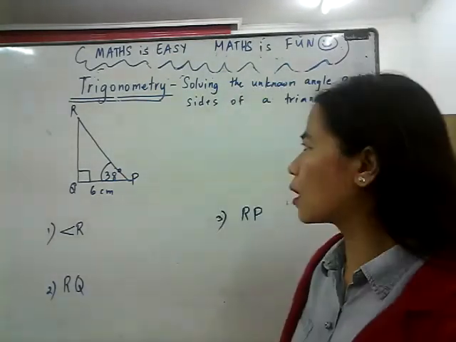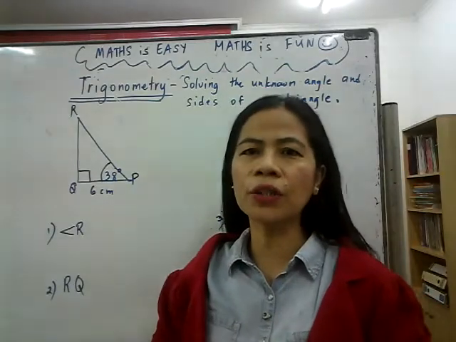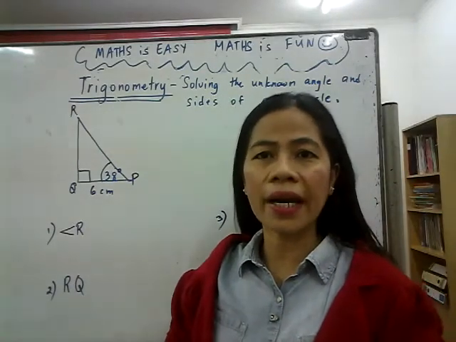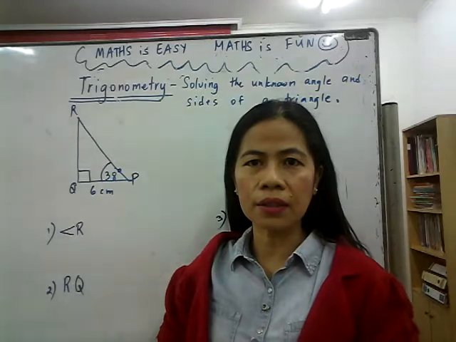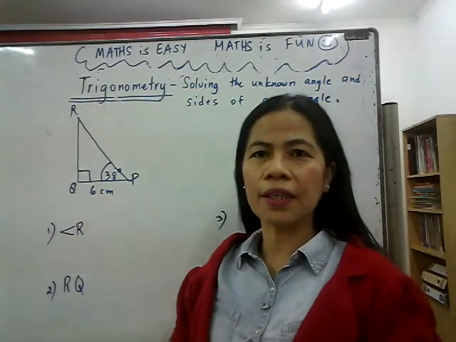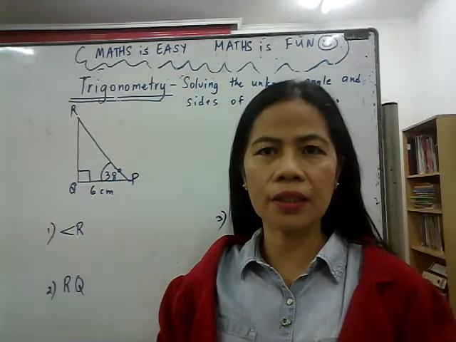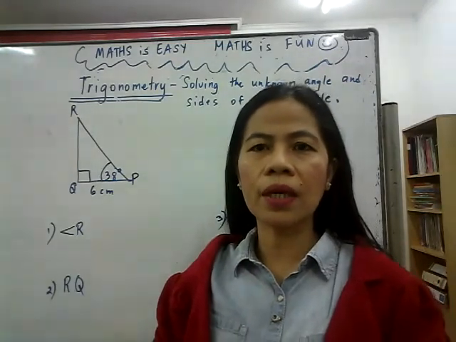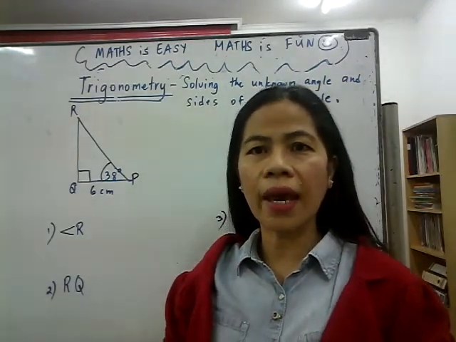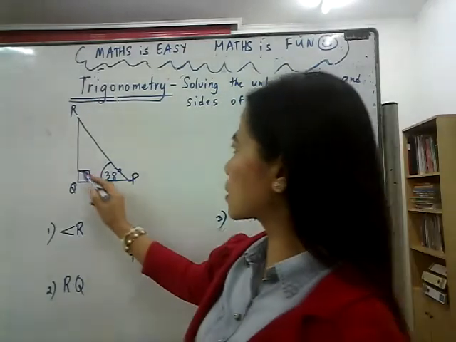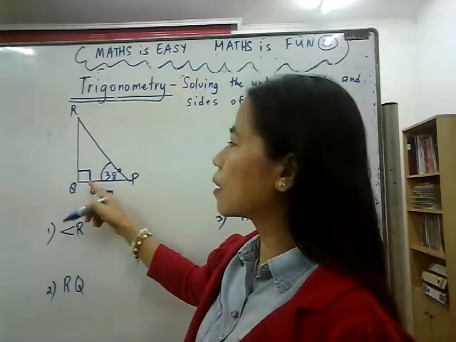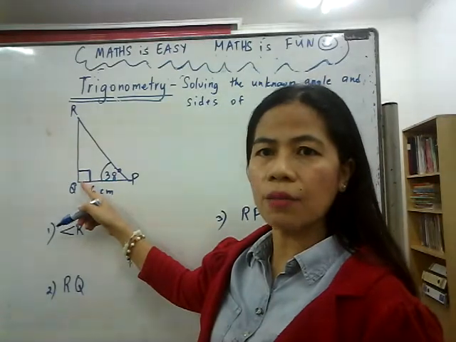Okay, so how do we know again if our triangle is a right triangle? Isn't it that in my previous video I told you that a right triangle is a triangle with a 90 degrees angle, which is signified by this sign, the box sign.